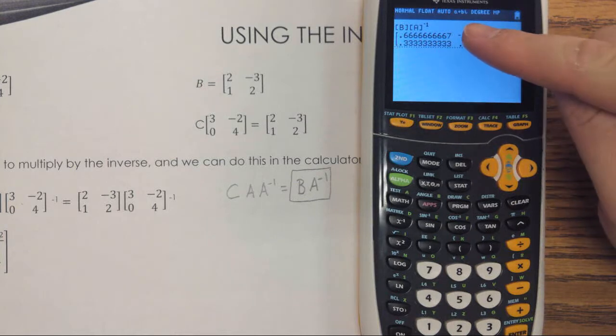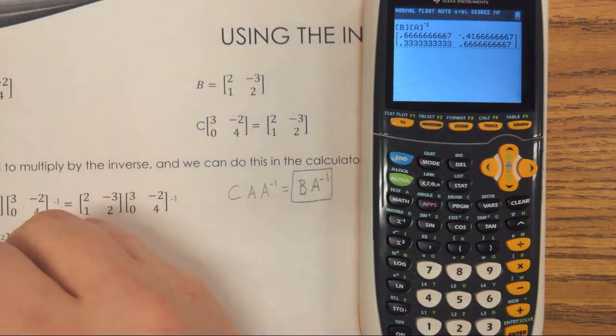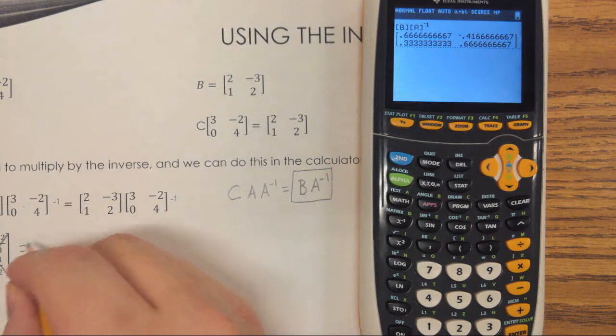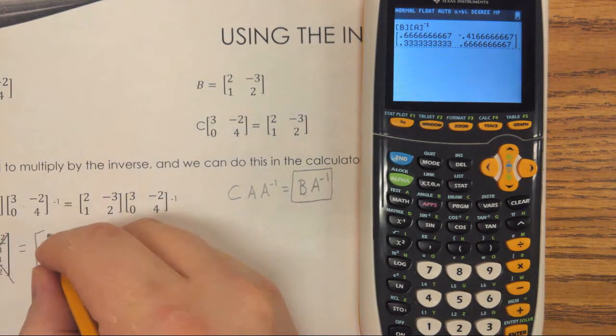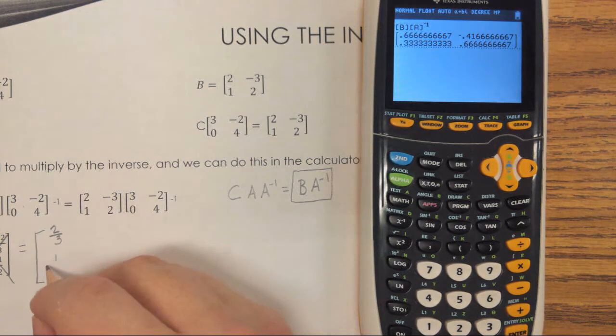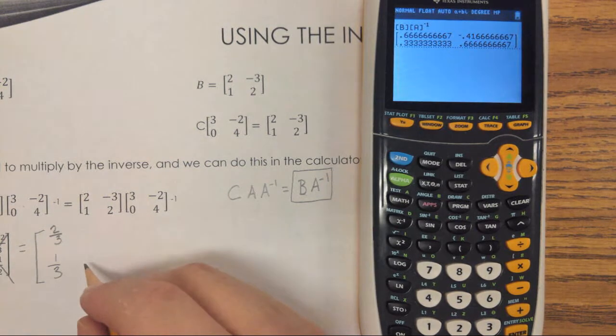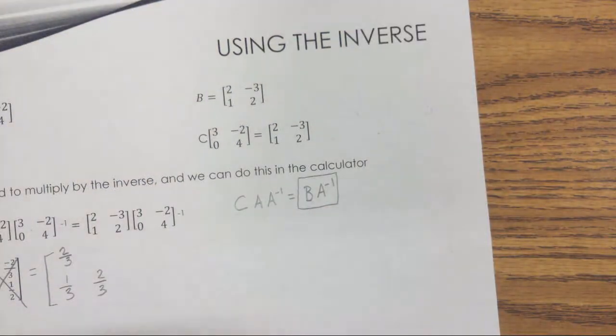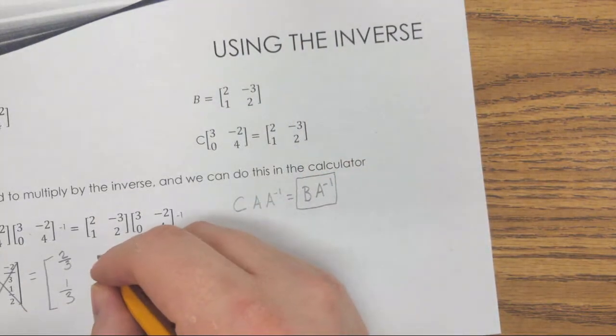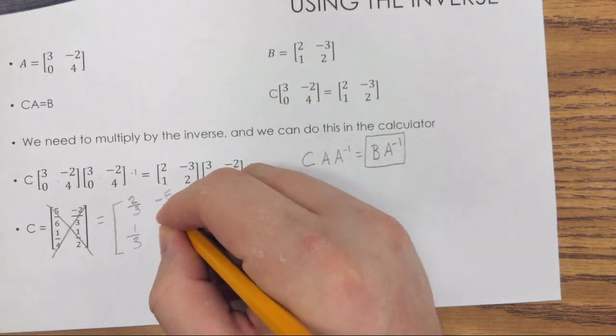And what I end up with, that is equal to 2/3, 1/3, this is 2/3, and hold on 1 second and I'll give you the last one. The last one is going to be -5/12.